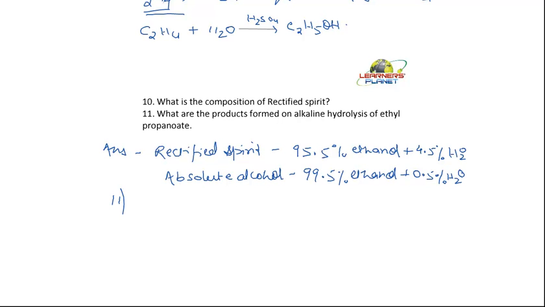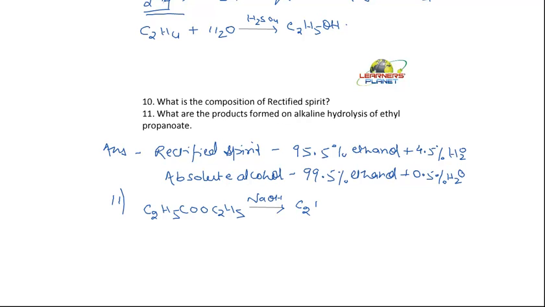Now our next question is, what are the products formed on alkaline hydrolysis of ethyl propanoate? So C2H5COOC2H5. Now if I am treating this with an alkali, that is, doing its alkaline hydrolysis, what I'll get? I told you that the part on the LHS comes from the acid and the part on the RHS comes from the alcohol.